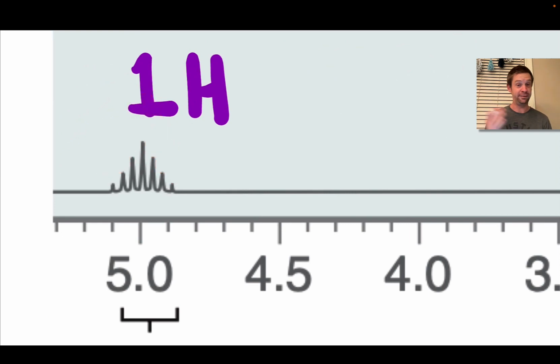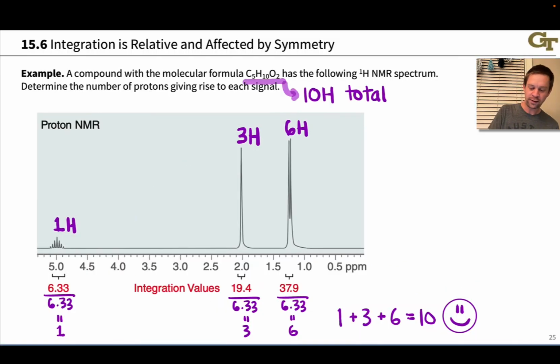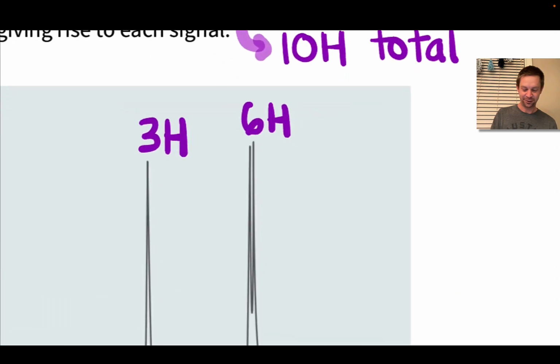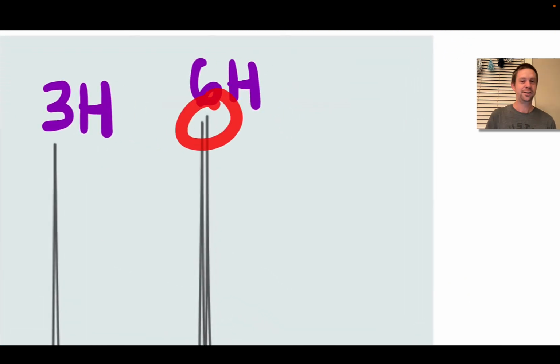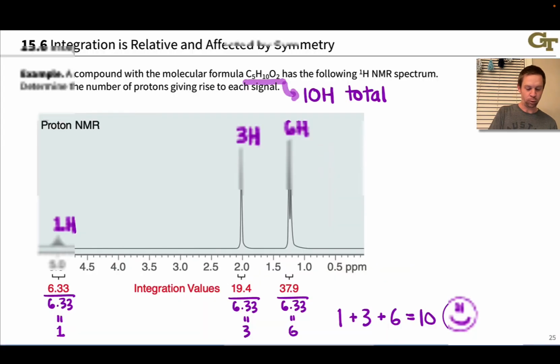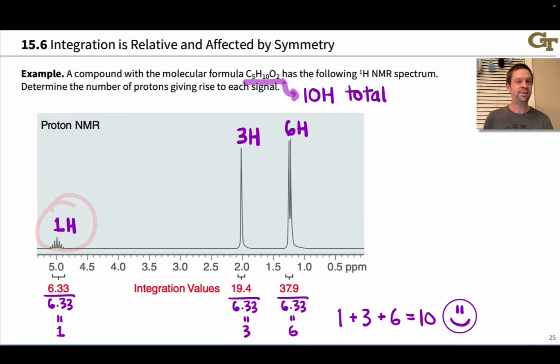It's what we'll call in the very near future a septet. And that's one more than the integration of this signal, 6 hydrogens. On the other hand, this signal very clearly has 2 subpeaks there, and this is one more than the integration of this signal. That's actually not a coincidence.